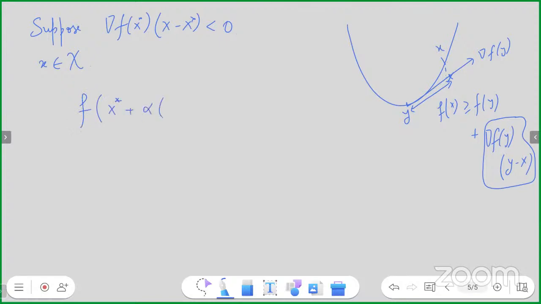That's alpha times. Why? What is this quantity equal to?